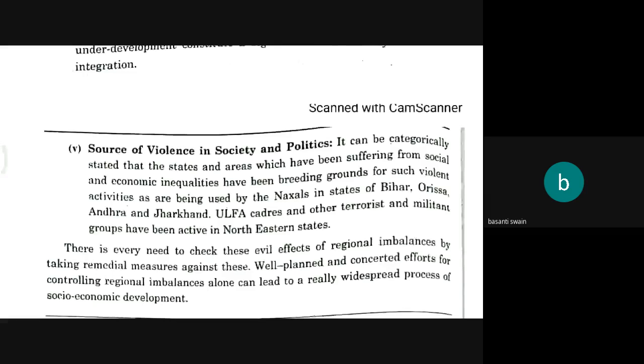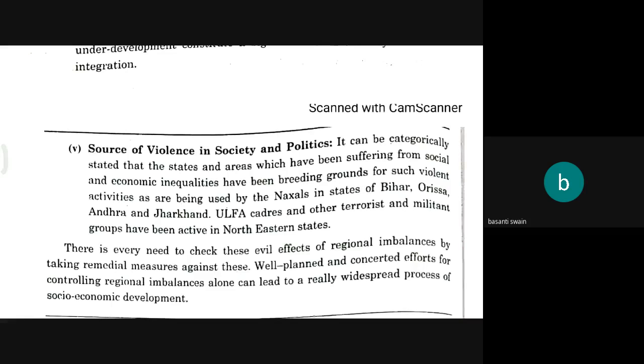Similarly, ULFA cadres and other terrorist and militant groups have been active in the northeastern states. So there is every need to check these evil effects of regional imbalances by taking remedial measures against it.